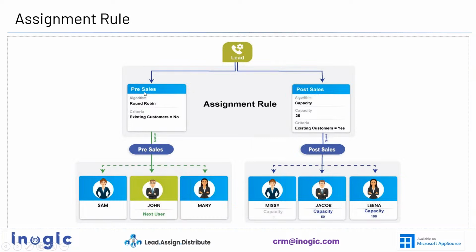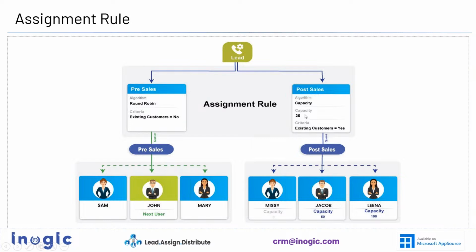This means that the record can be assigned to either Sam, John, or Mary. So the first lead that is being created will be assigned to Sam. The second one will be assigned to John. The third lead would be assigned to Mary. The fourth one is again assigned to Sam, fifth one for John, and so on. A simple example of a round robin algorithm. Quite simple, isn't it? Now let's see the capacity algorithm.